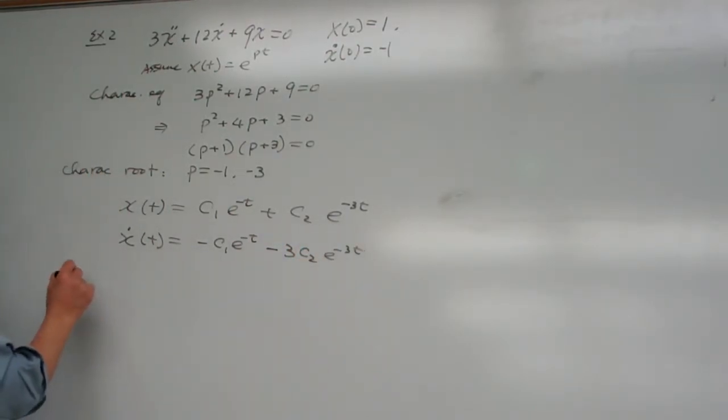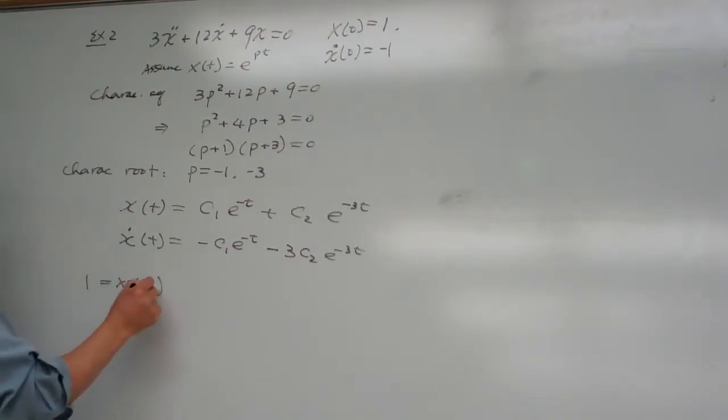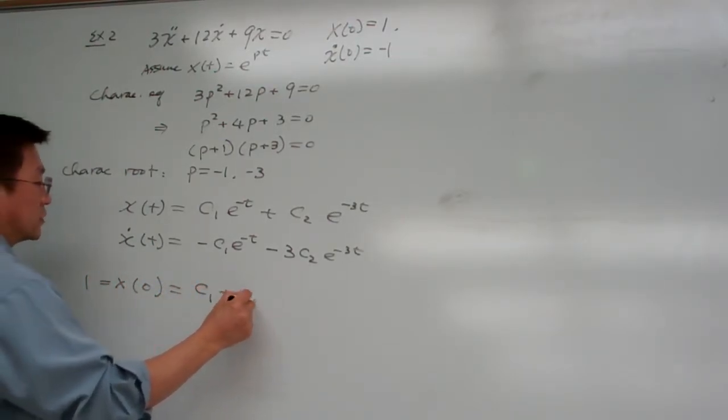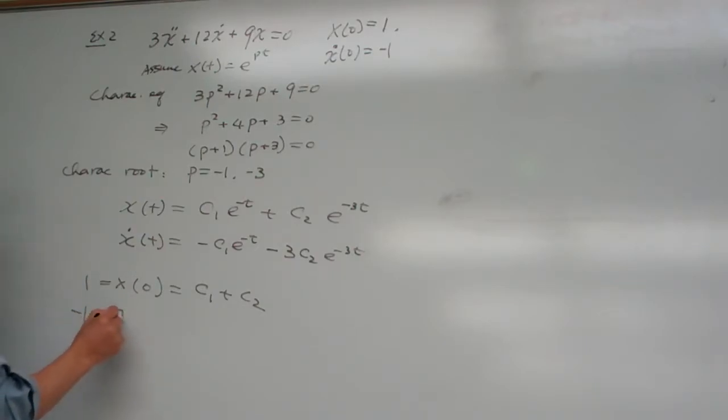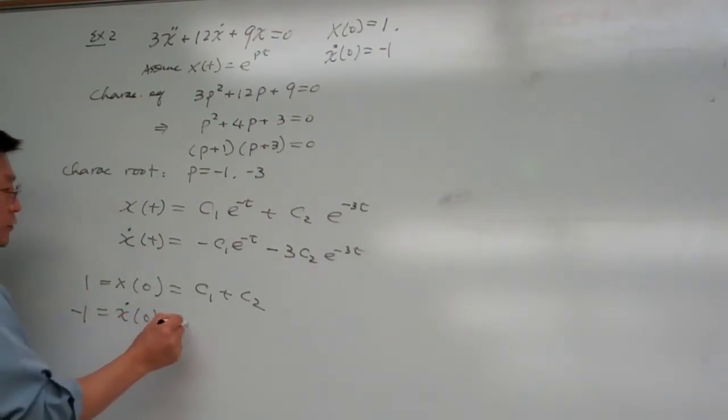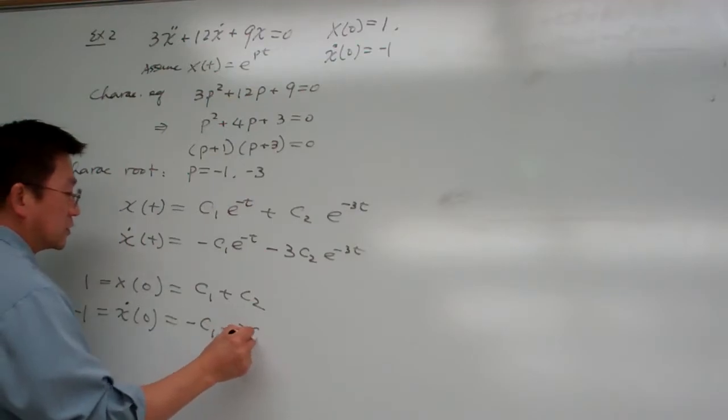So 1 equals x0, which is c1 plus c2, and minus 1 equals x dot 0, which equals minus c1 minus 3c2.